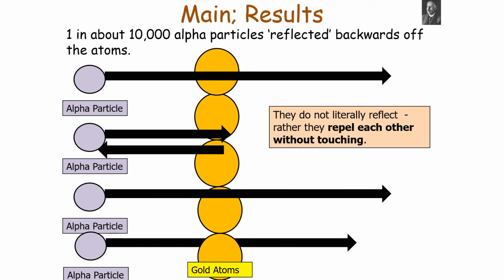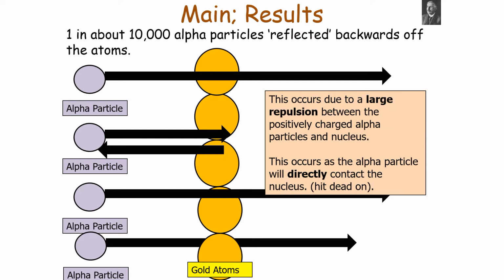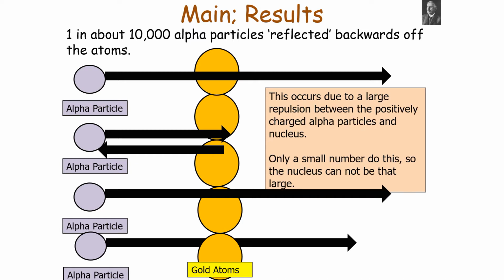And then finally, 1 in 10,000 alpha particles reflect backwards off the atoms. Now, they don't literally reflect, they repel backwards without touching the gold atoms, which can sometimes be referred to as backscatter. Now, this occurs due to the large repulsion between the positively charged alpha particles and the nucleus, and this will only occur when the alpha particles come directly at the nucleus. Now, because only a small number do this, the nucleus cannot be that large.